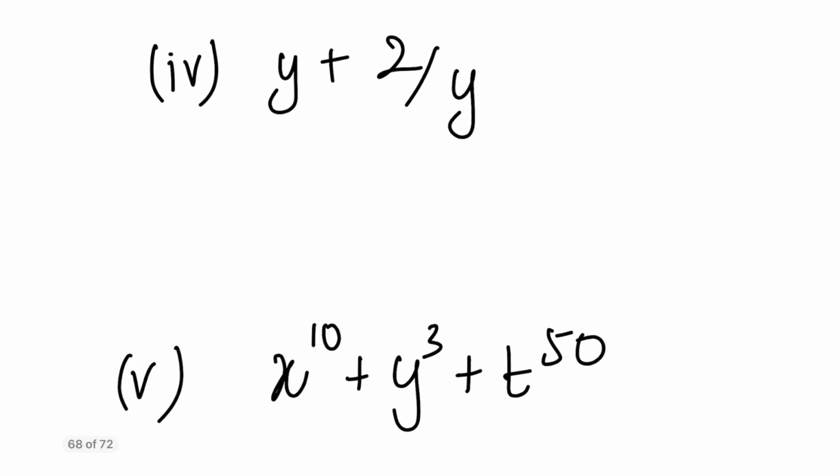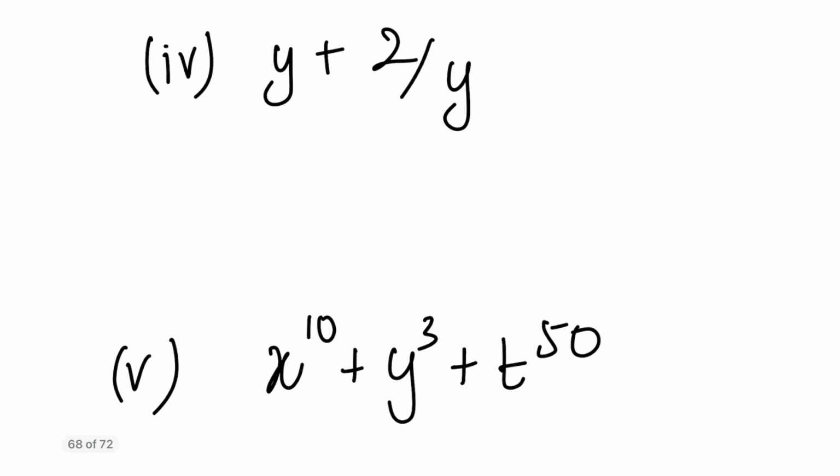Moving on to the next subdivision, we have y plus 2 by y. Again we have y and 2 into 1 by y here. You can write it like that: y plus 2 into 1 by y. Here 2 is the coefficient and 1 by y involves your variable y.